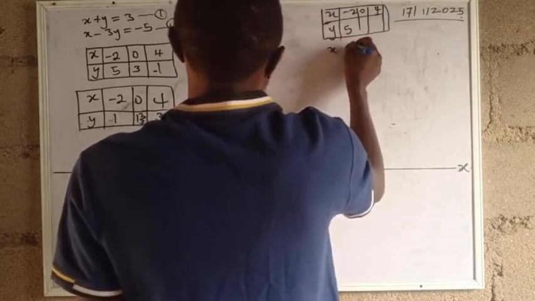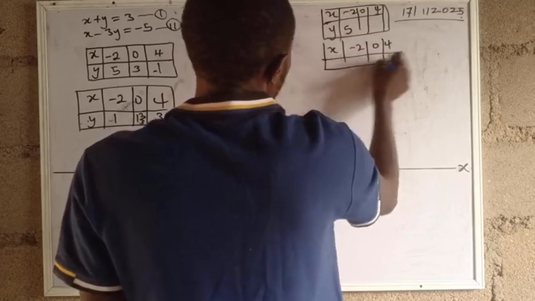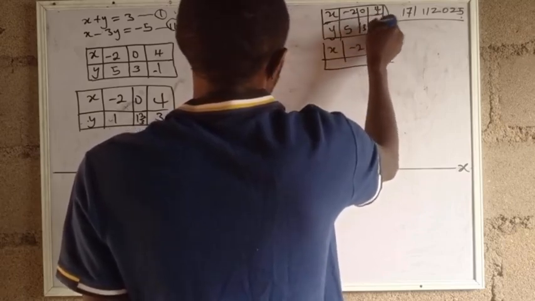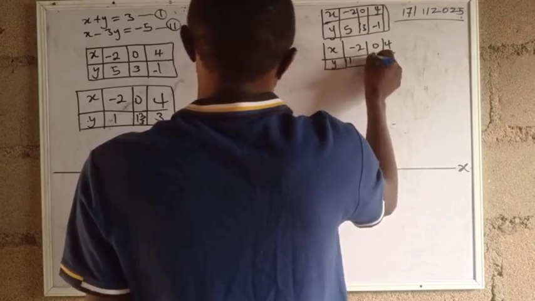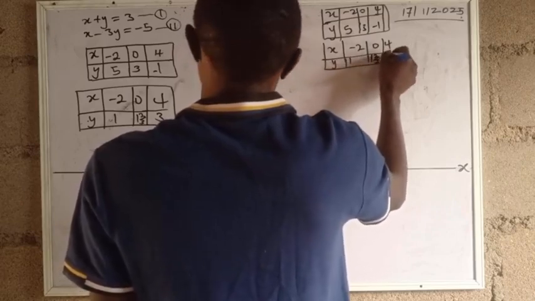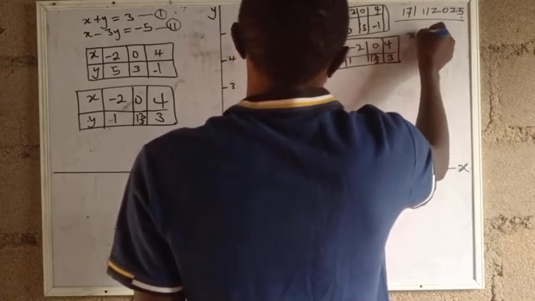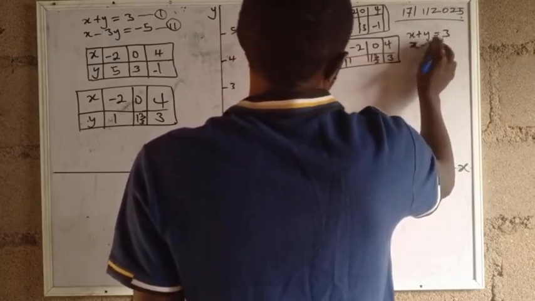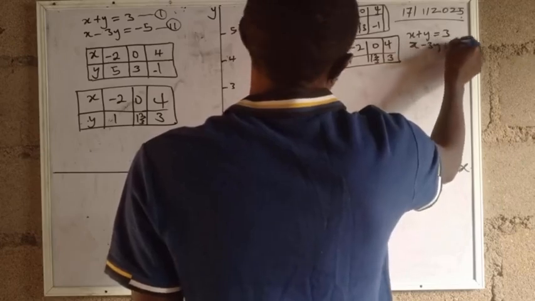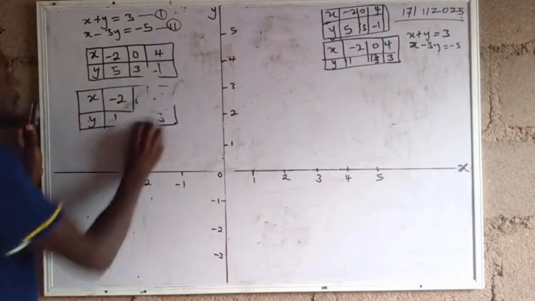That is x: -2, 0, 4. We're going to clean this side so that we can have enough space for plotting the graph.